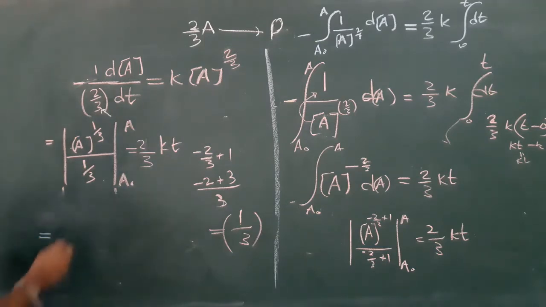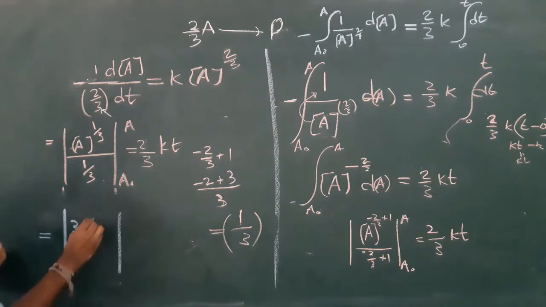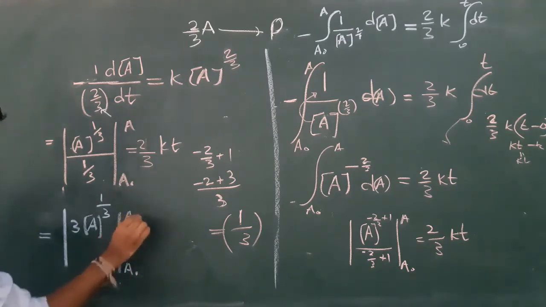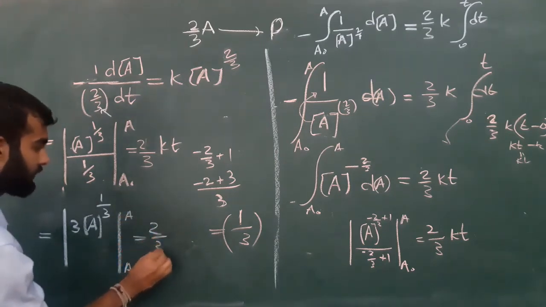Equal 3 A. If I make a mistake, please leave a comment, okay? Sometimes I also make some mistakes when I am doing these calculations. A naught to A equals 2 over 3.